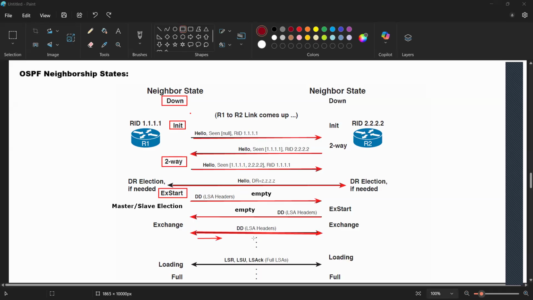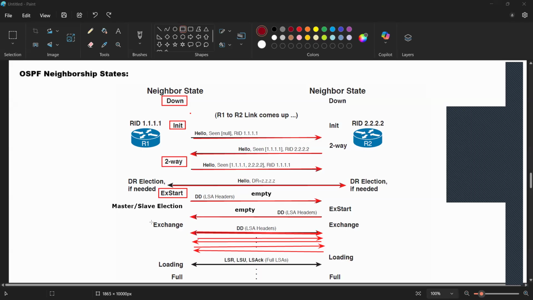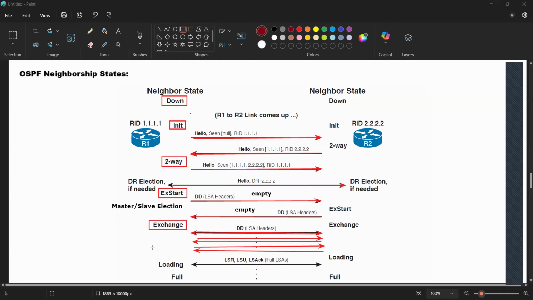Like this, they will exchange the database information. Let's say they have exchanged the databases. So when the actual database exchange is going on, the state will be what? Exchange.